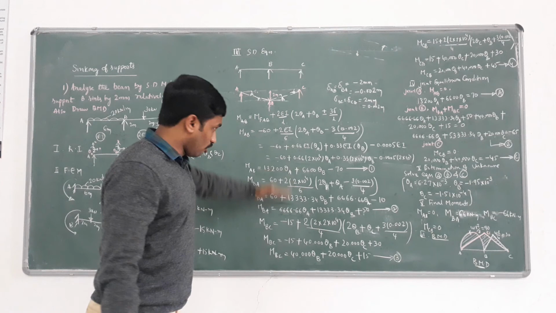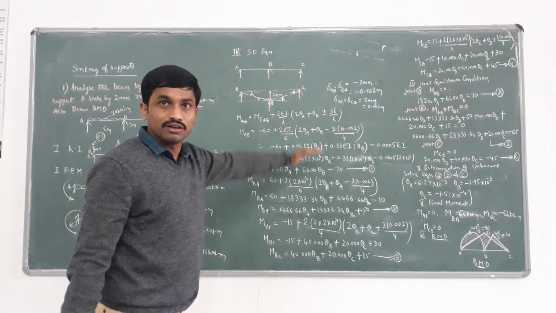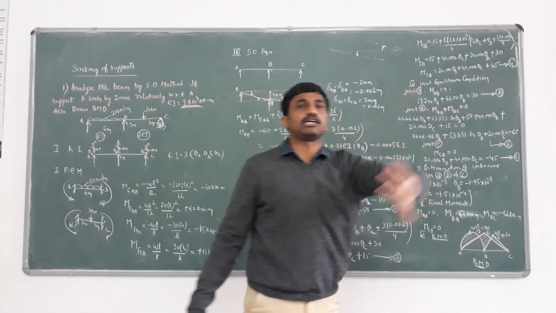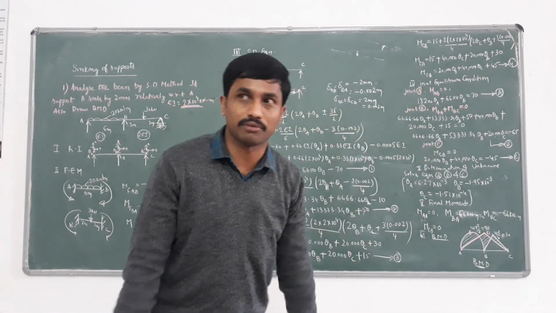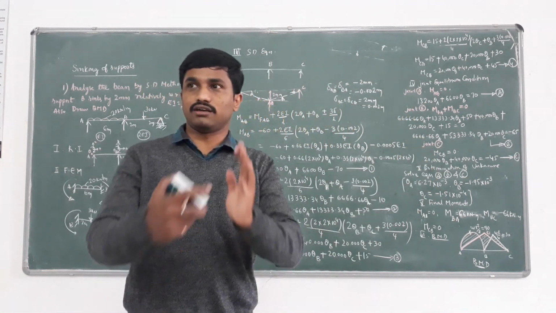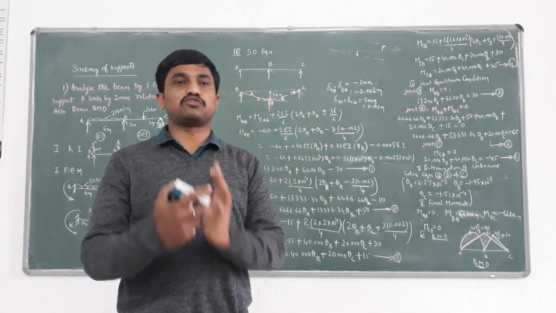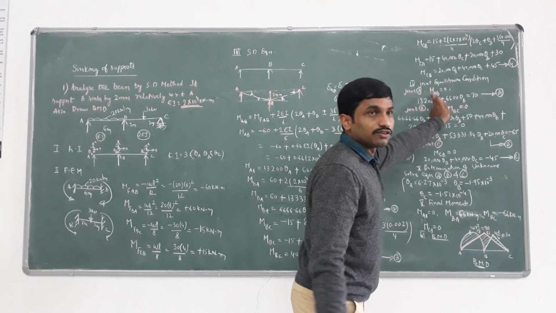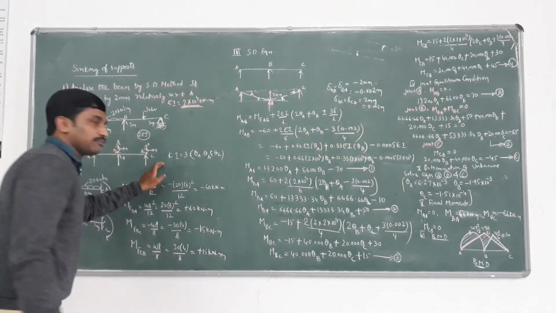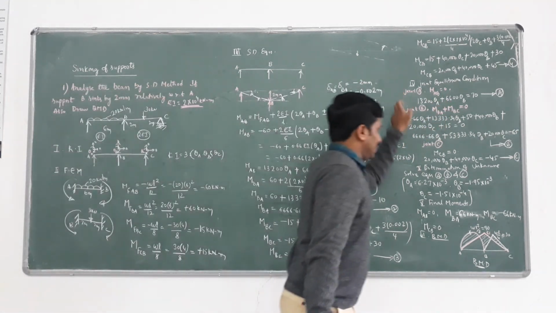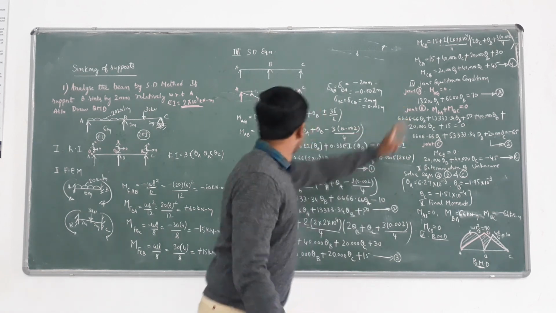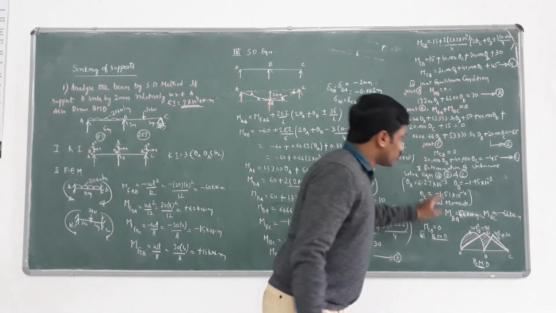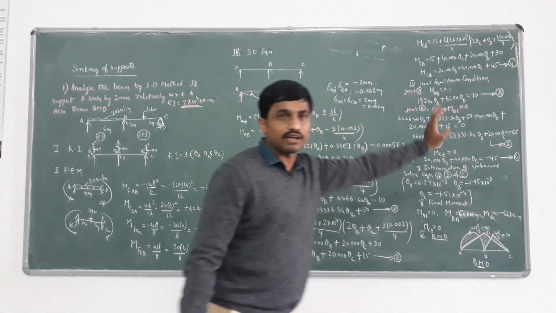So substitute all the things in the slope deflection equation, you are getting the same equations. In the next step, apply the joint equilibrium condition. The only thing you have to remember is, if the joint is a rigid joint, then the displacement is 0. For all other kinds of joints, you are getting equations. Here you are having 3 kinematic indeterminates, so you are getting 3 equations to determine these 3 unknowns. So you are getting 3 simultaneous equations A, B, C.